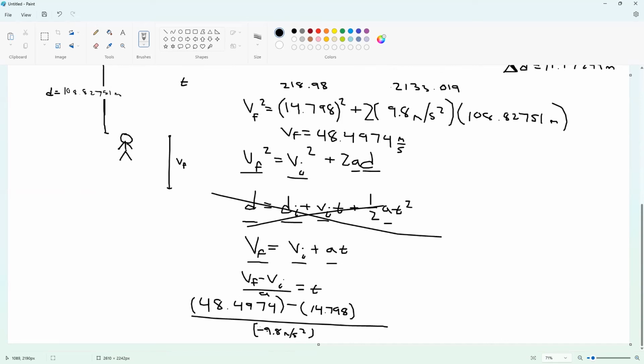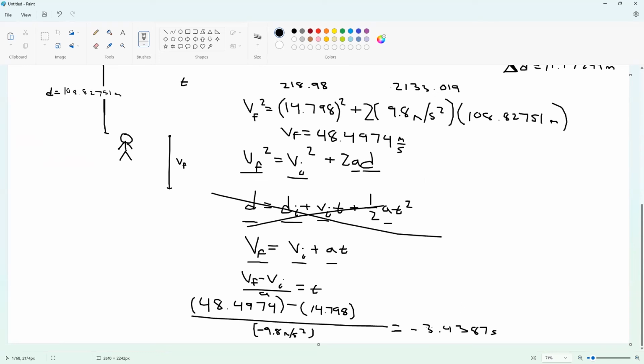And you also need to consider whether this is going to be negative or positive, because if we plug this in the way it is right now, we will get negative 3.4387 seconds.